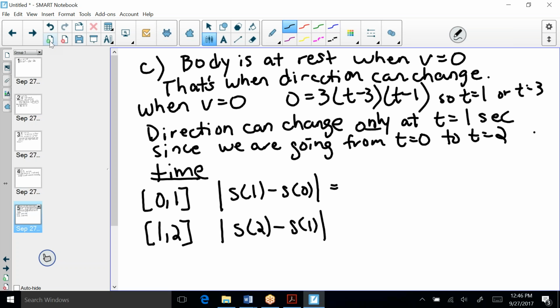So how do we get the position at 1 second? How do we get S of 1? How do we get S of 0? How do we get S of 2? So we're going to plug in 1 into which function?